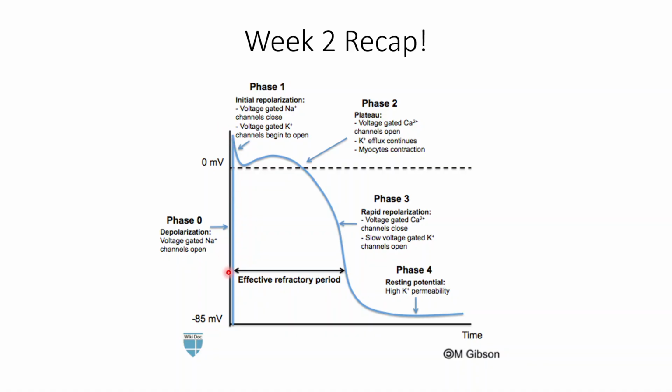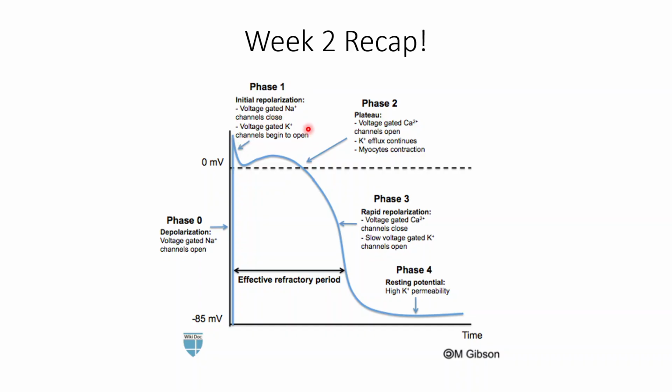Depolarization leads to an activated state or contraction, while hyperpolarization is the opposite of that. It leads to relaxation, inhibition or deactivation. This one spikes all the way up to like plus 20, plus 35 or so. And then you have phase one, where these voltage gated Na plus channels close because they stay open for a really short amount of time.